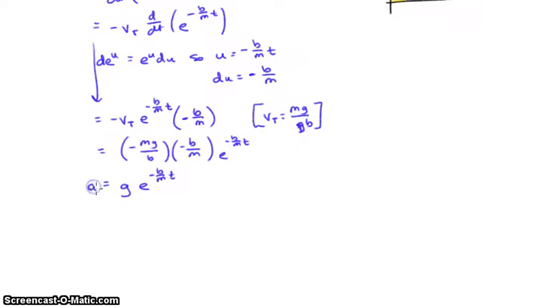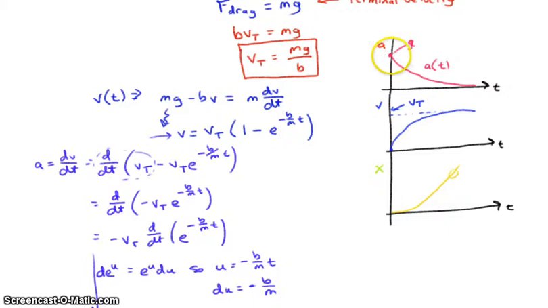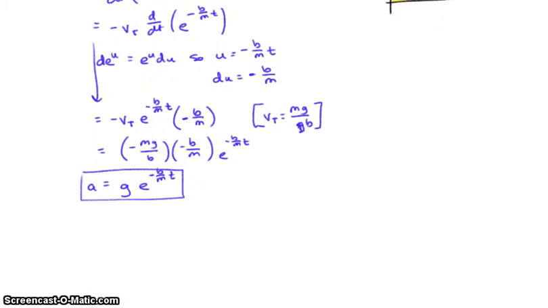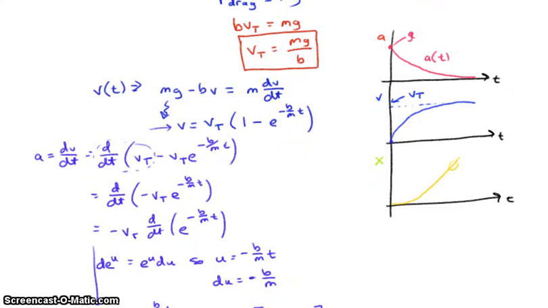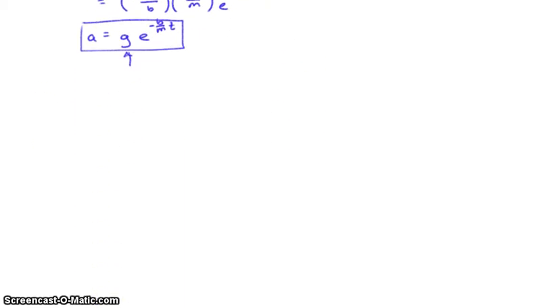That is my acceleration curve, and that makes a lot of sense if you look back up here at what acceleration is doing. It starts at an amplitude of g, that's what we see here, and then it has this negative exponential decay. So in a general sense, what are you looking for when you look at these types of problems? Because they're always similar but not quite the same.